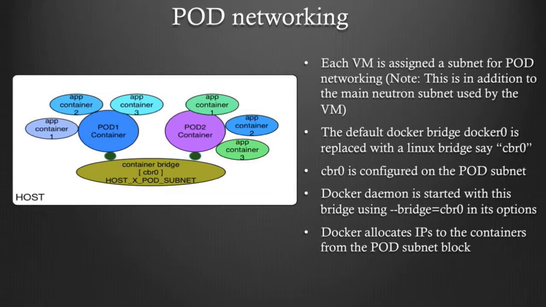You replace the Docker 0 bridge with CBR0, and you tell Docker to use CBR0 instead of Docker 0 by using --bridge=cbr0 in its options. Once you do that, any container that you create using Docker will be assigned an IP from this host pod subnet that you allocated.